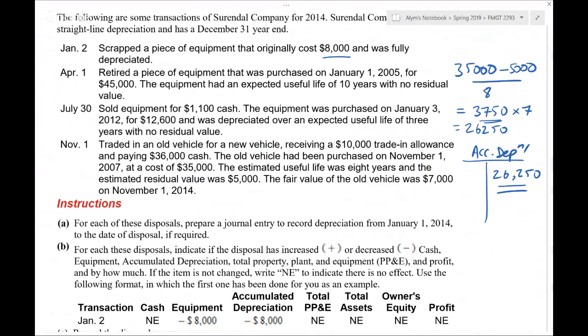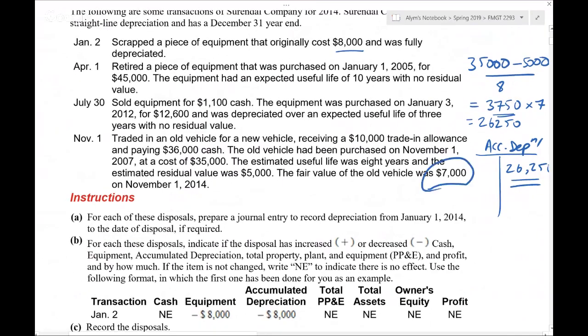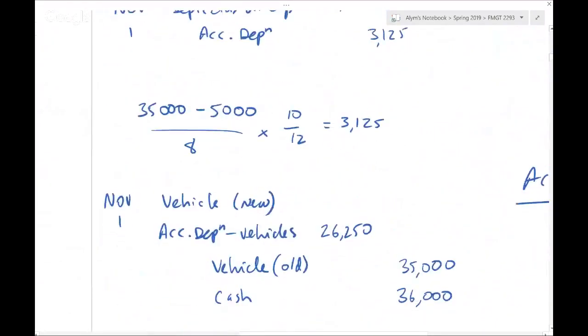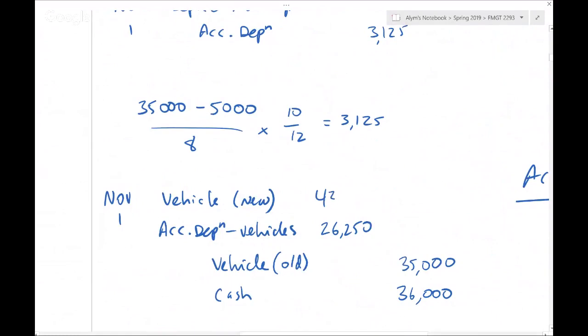All they told us is that what we gave up was $7,000 worth of an old vehicle. So the old vehicle was worth $7,000, and we gave up cash of $36,000. So what we gave up was $43,000 in fair value. And that's what we use to measure the new vehicle. So here we're going to debit this for $43,000.